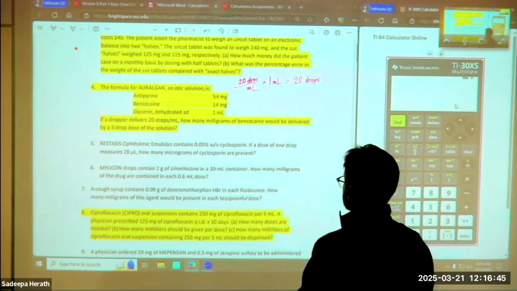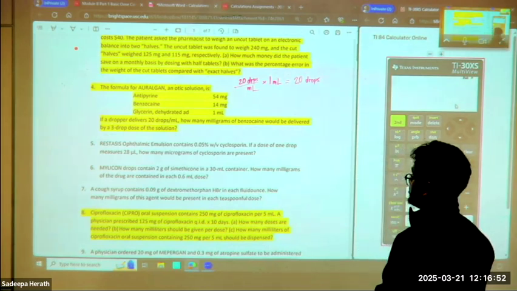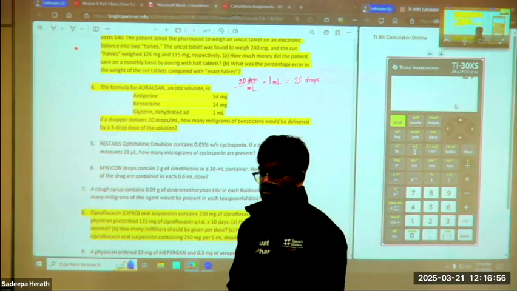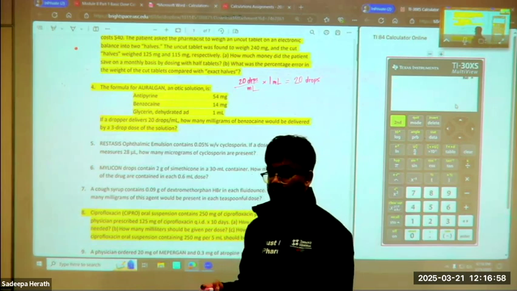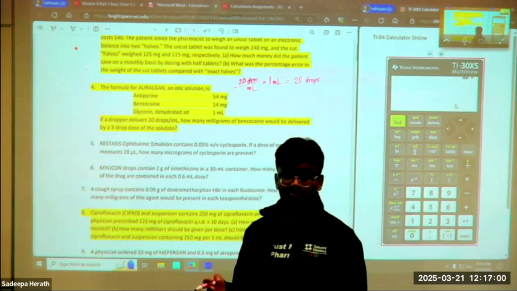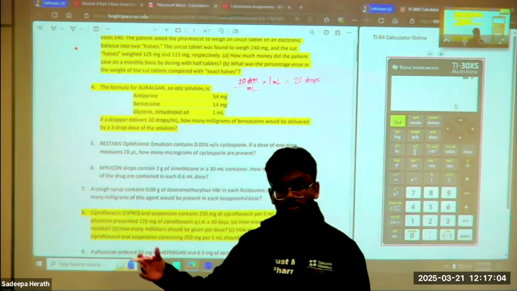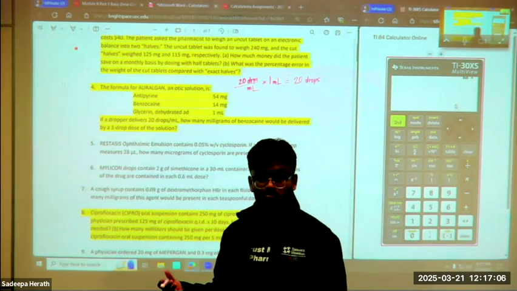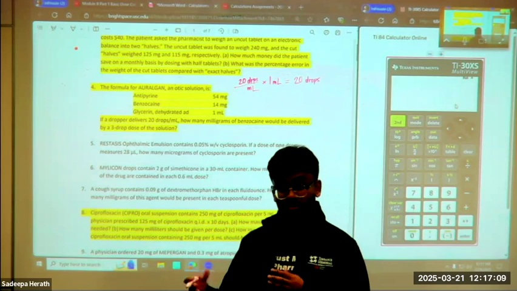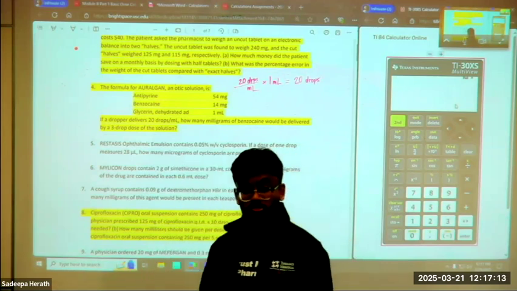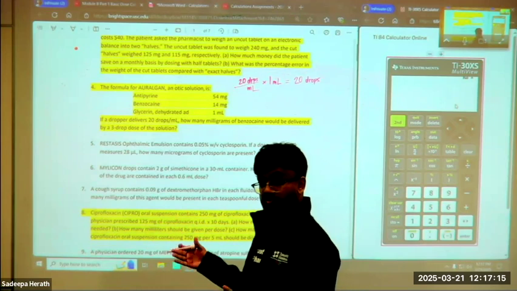And they're asking how many milligrams of benzocaine would be delivered by a 3-drop dose of the solution. So when they're asking for a quantity for a multiple of something, you should first try to find out what amount it would take per single unit of that dose. Once you have that unit dose, you can multiply by whatever multiple you need to reach the answer they're asking for.